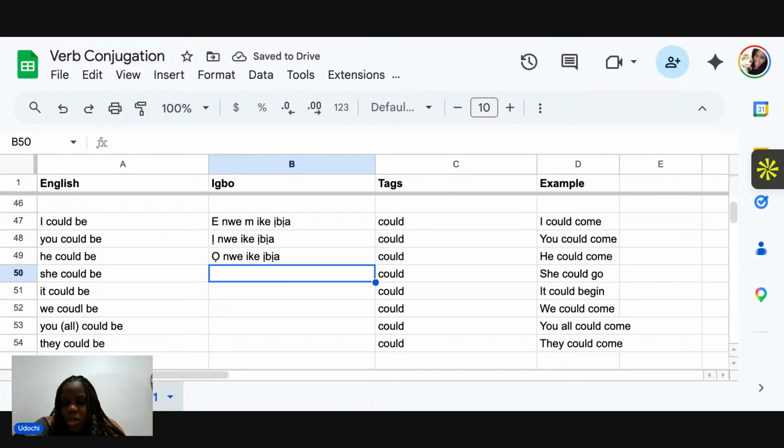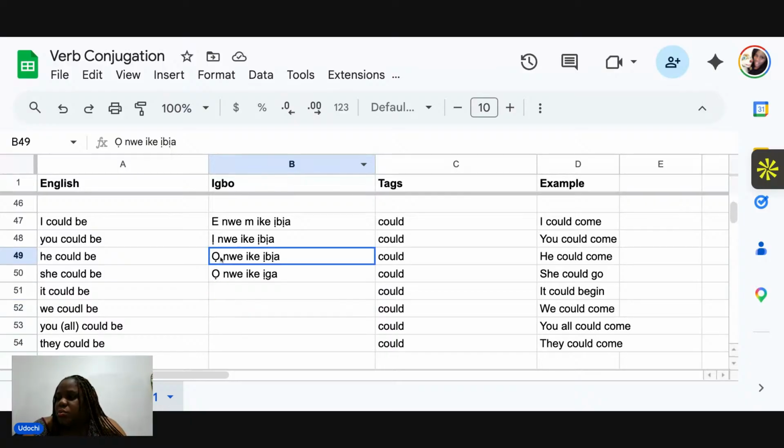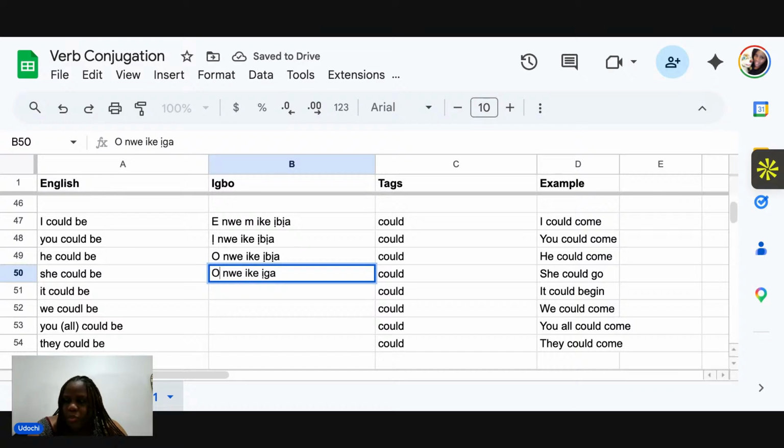She could go is ọ nwere ike ịga. Let me make that the correct. Ịga. It could begin. Oh, my bad. O nwere ike ịbịa. That's what I should have written. O nwere ike ịbịa. O nwere ike ịga. O nwere ike ibido.